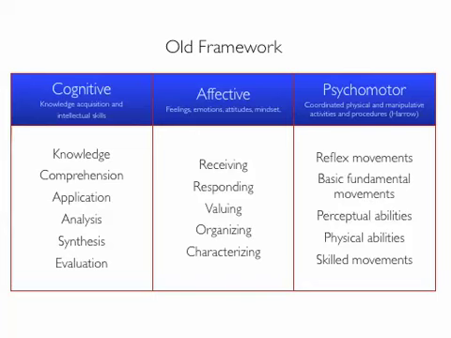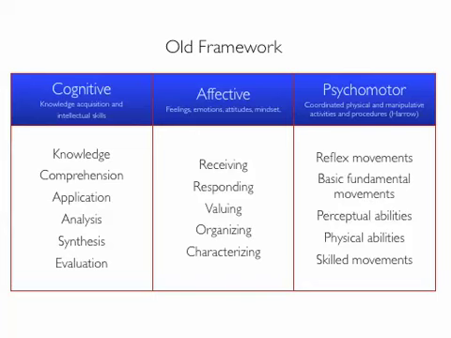The old framework was broken into three areas: the cognitive domain, which dealt with knowledge acquisition and intellectual skills, and broke down into knowledge, comprehension, application, analysis, synthesis, and evaluation.